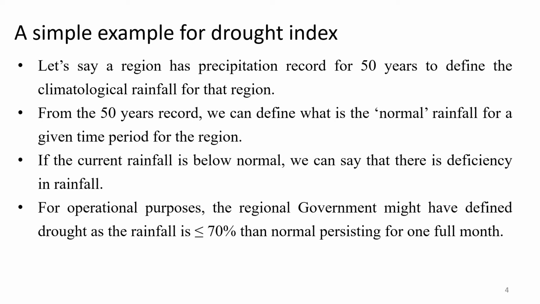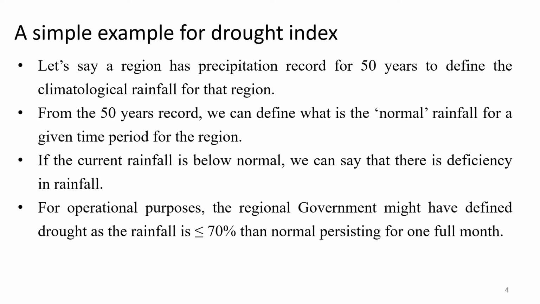Similarly, I do it for all the remaining 11 months. So for the entire 12 months, from the 50 years of data, I have a mean monthly record of rainfall for all the months. Say I have data up to 2019, and in 2020, I have observed rainfall over the same region. For the month of February, I will compare that particular rainfall with the climatological normal.